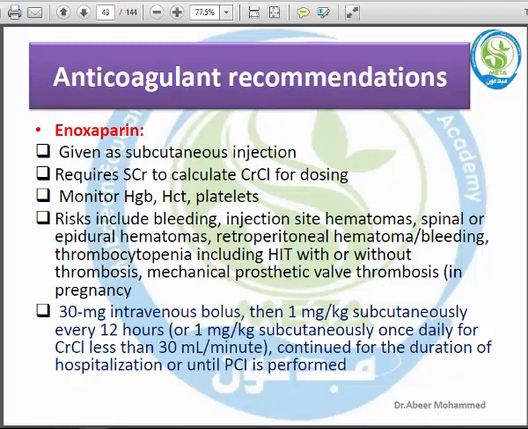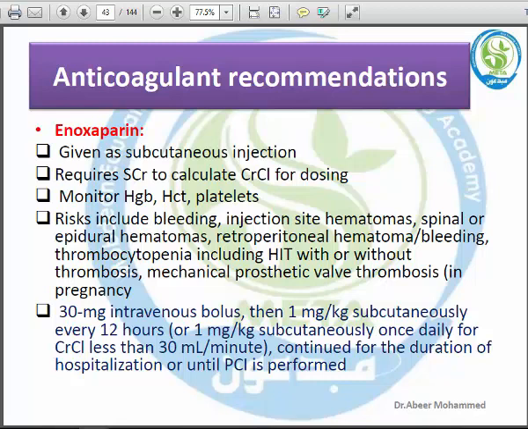The dose of enoxaparin is a 30 mg IV bolus, then 1 mg per kg subcutaneously every 12 hours. In case the patient has renal impairment with creatinine clearance less than 30 ml per minute, the dose will be 1 mg per kg once per day.